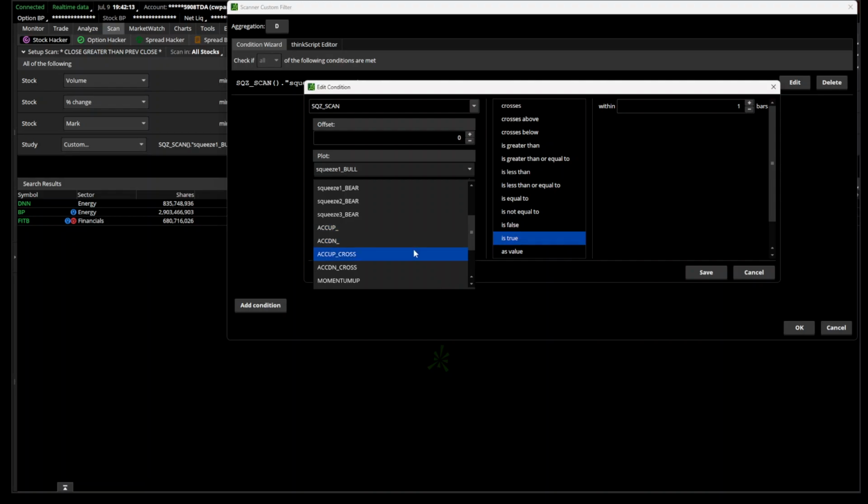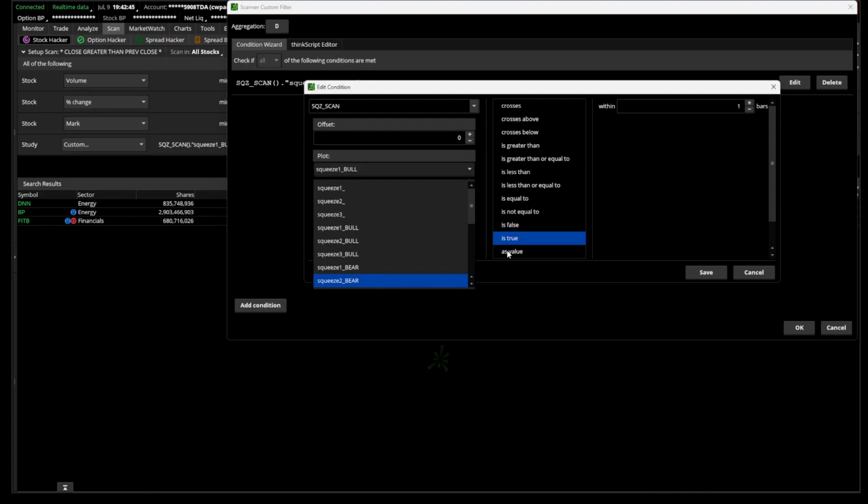Acceleration up, acceleration down, acceleration cross when it first crosses above zero or comes into place. Momentum up, momentum down, or momentum cross up is just basically if it's happening now. And you got the average cross up, if the percentage of the crossover, if the momentum average crosses above the primary average or crosses down. So this is what's in this scanner.